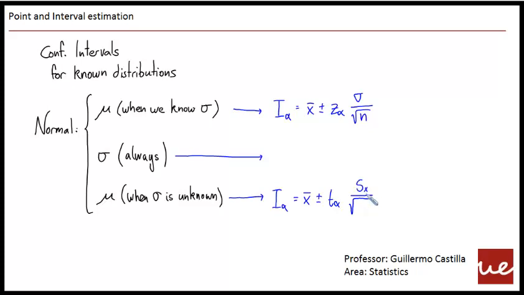When sigma is unknown, instead of using sigma, of course, we have to use s, which is the standard deviation for the sample instead of for the population. So when we use s, it changes a bit. So we've got a number of variables there.